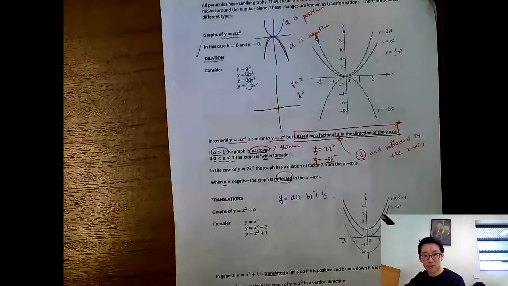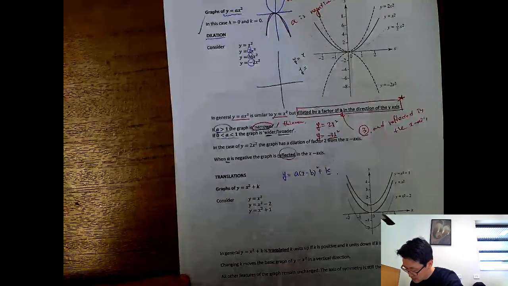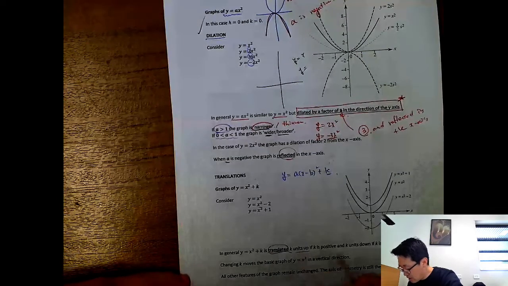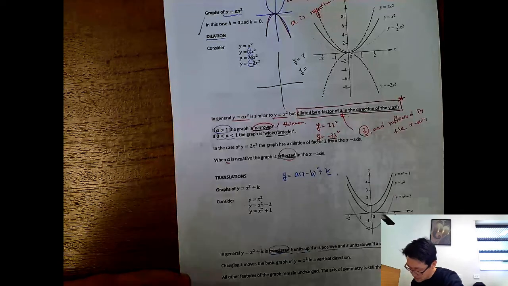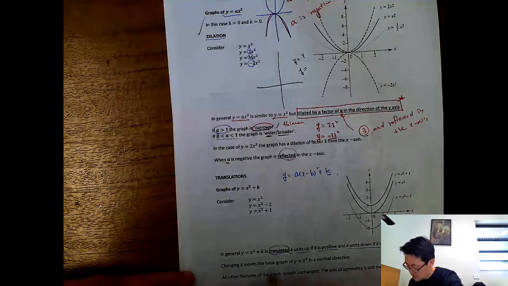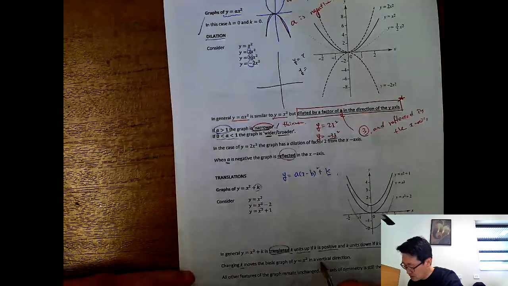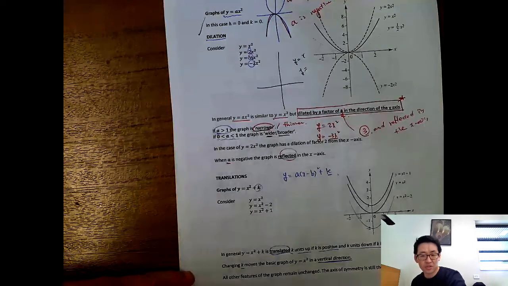Let's go back to your notes. That will explain it: translated k units up if k is positive. Well, they explained it. This k value moves the graph in the vertical direction.